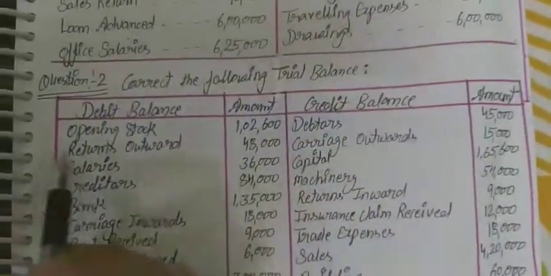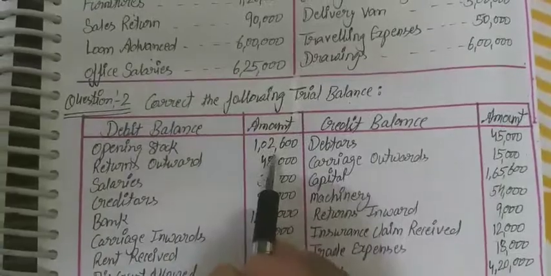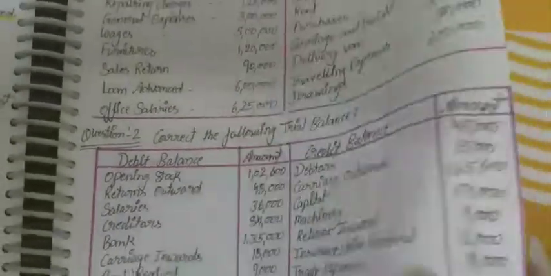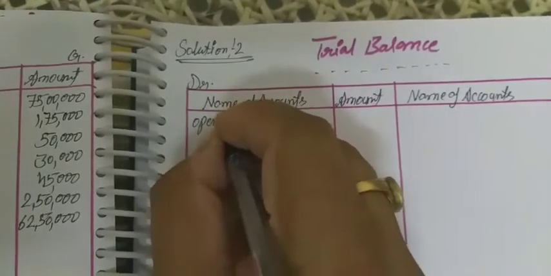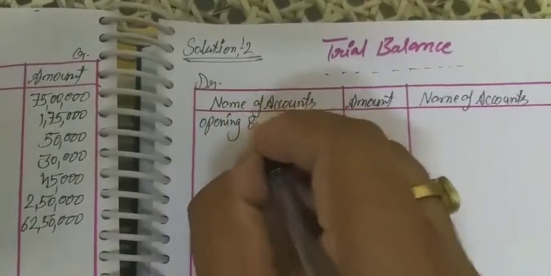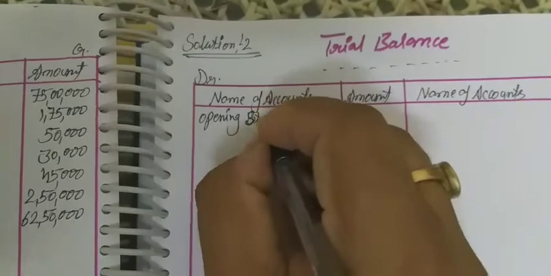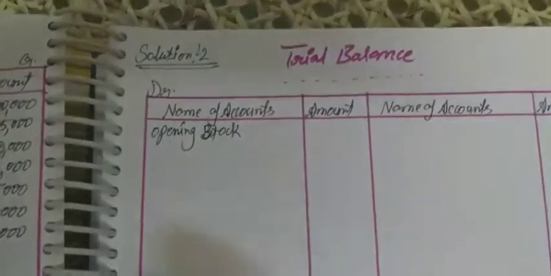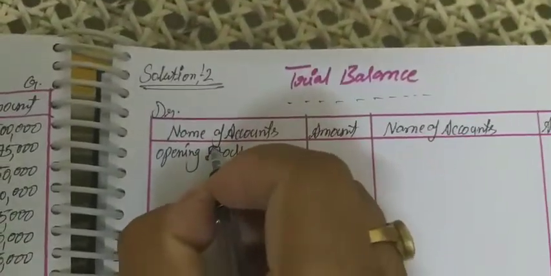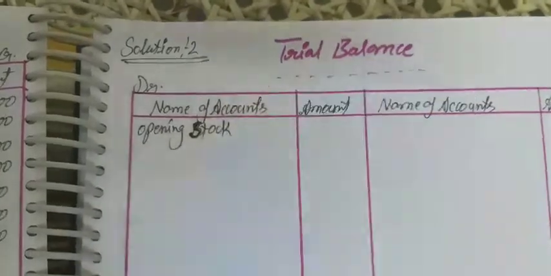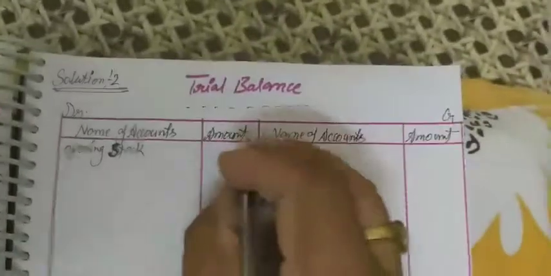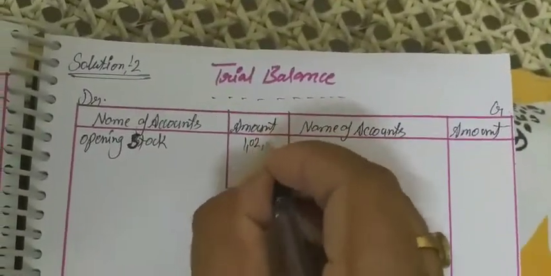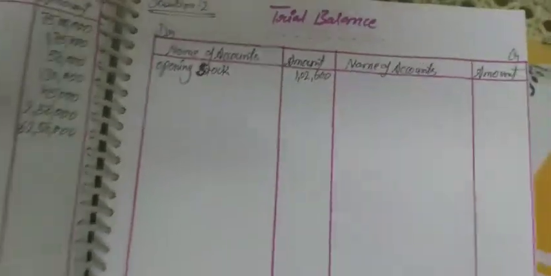So first of all, students, opening stock is a debit balance, so it will show on the debit side. Opening stock, that is 1,02,600, we will show on the debit side.